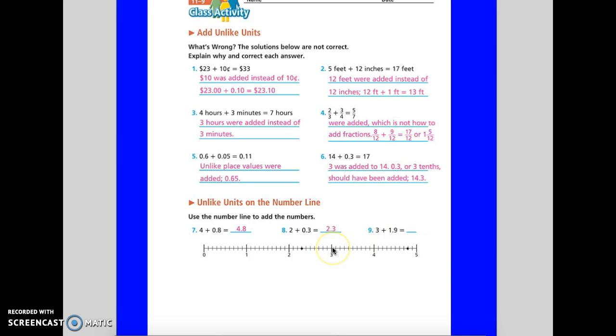I'll go to my 3, but I also have another whole 1 to add on, so now it's really 4. And then I'm going over 9. 1, 2, 3, 4, 5, 6, 7, 8, 9. That puts me right here, so I end up with 4 and 9 tenths. I just wanted you to see that.